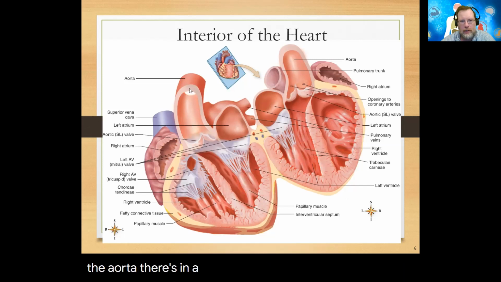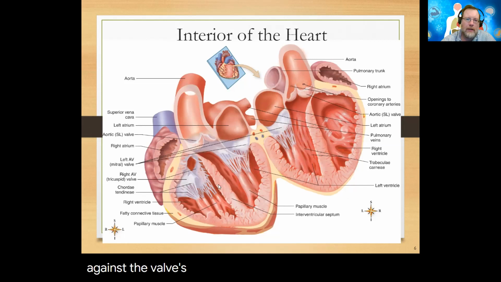There's going to be a back pressure going against these semilunar valves, and in order for these ventricles to eject blood past the aortic valve, we have to overcome the afterload pressure that's being placed against the valves.